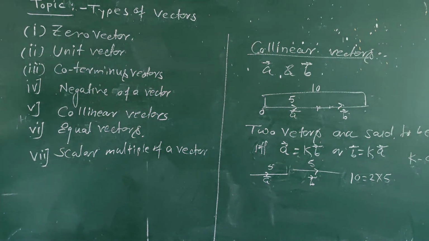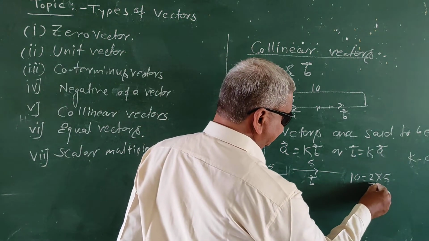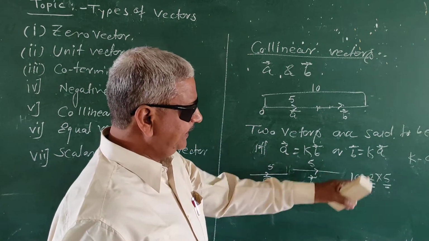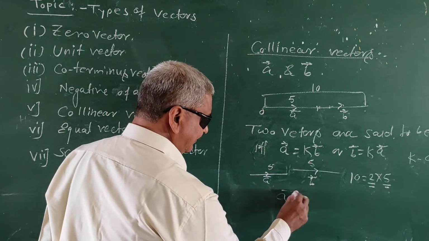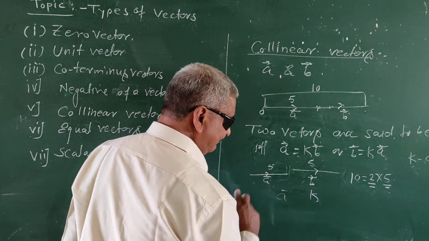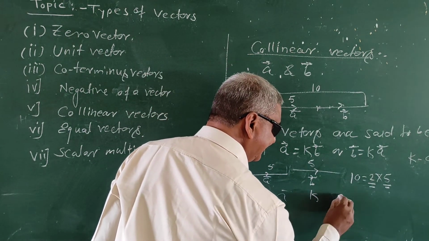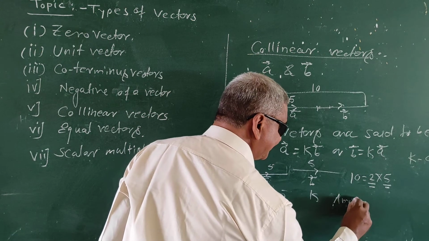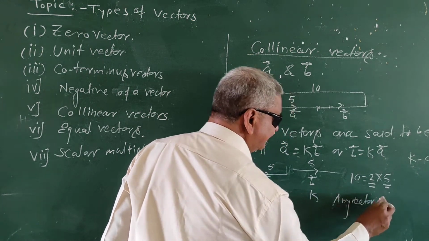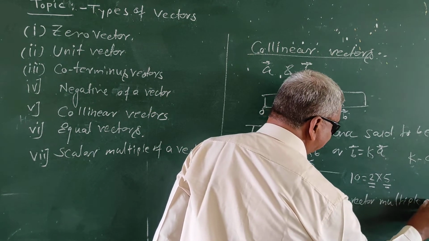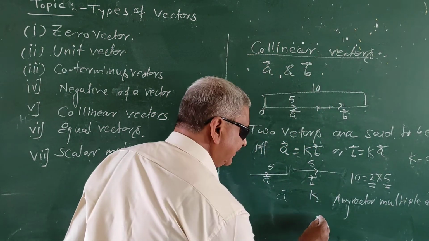And then the last type of vector is the scalar multiple of a vector. The scalar multiple of a vector is like this: this is a scalar and this is the multiple, k times a bar. Any vector a bar can be multiplied by k, so it is a multiple of the other vector.